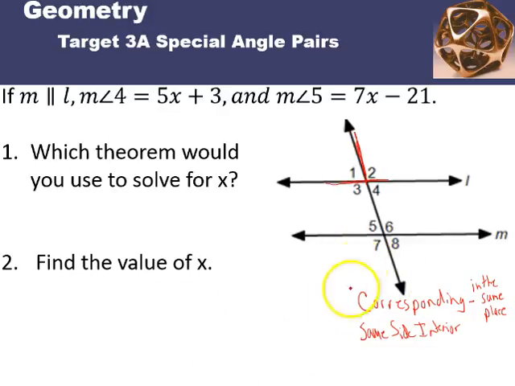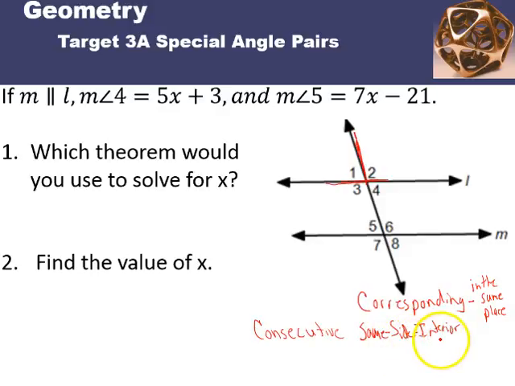So same side interior, and another word for that is consecutive. Sorry about this. Alright, one more time. Consecutive. There we go. So either consecutive or I like to say same side interior.